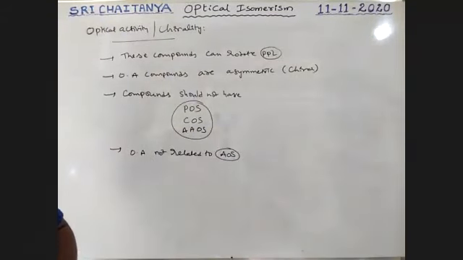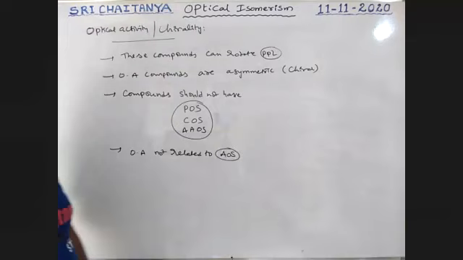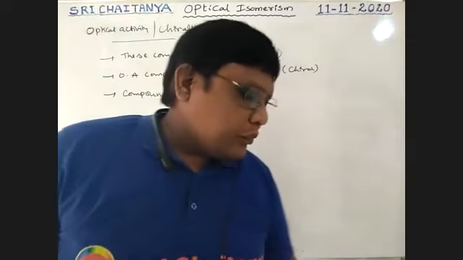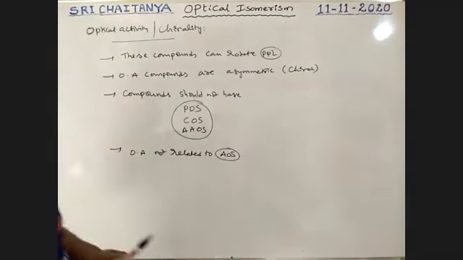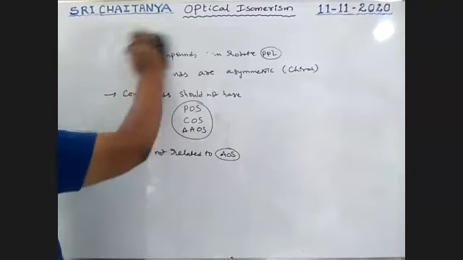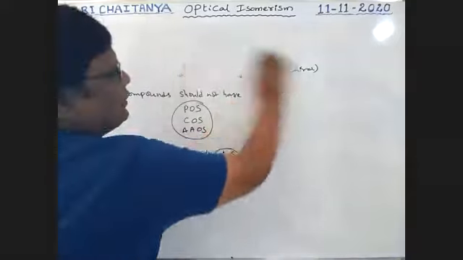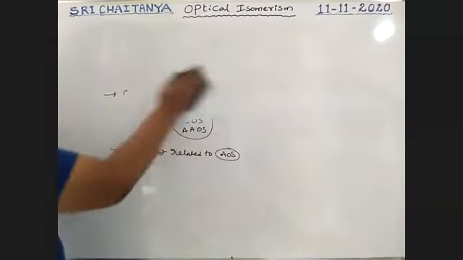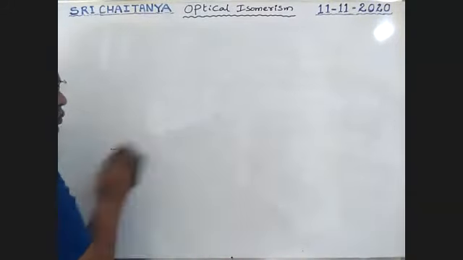Next one is the meso compound. Frequently in optical isomerism this meso compound is available, boys. What is this meso compound?